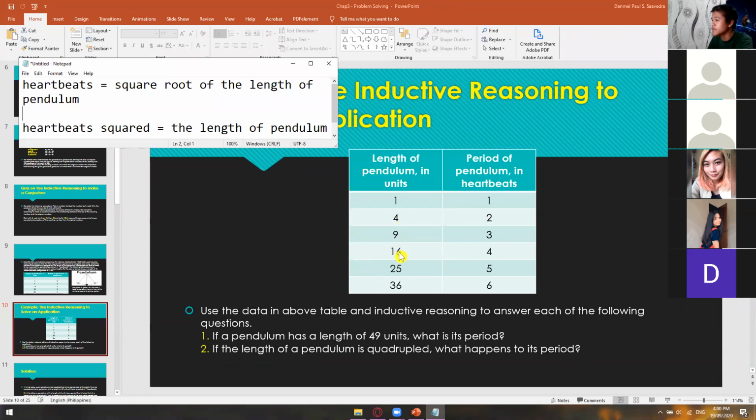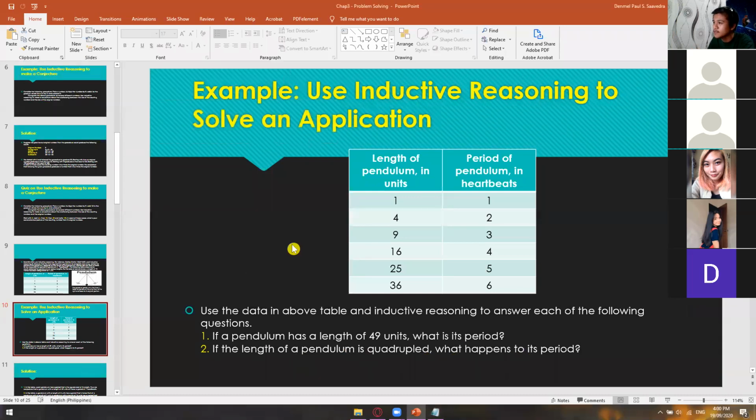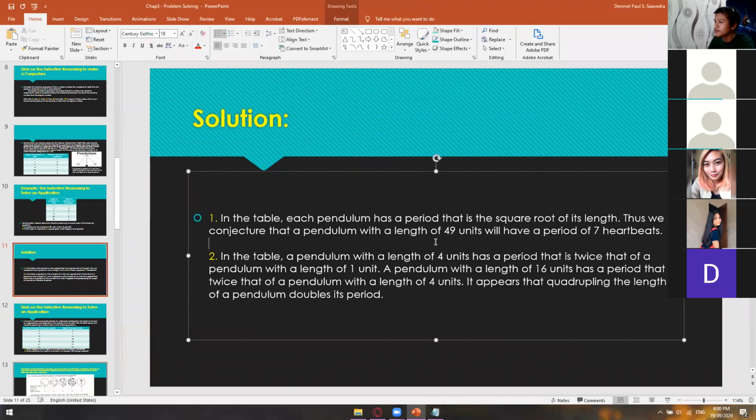So quadrupled lang yung length natin, wherein we've got 16. So dito naman ang nangyari. So 2 to 4, wherein na-double lang yung period natin. Okay, what else? 9, 18. Ito, pwede rin. So 9 to 36, ang quadruple lang. From here, yung 3 niya is naging 6. So from that example, or from those examples, we could say that the length of pendulum is quadrupled and then the periods doubled. Okay, so let's see kung same yung sagot natin.